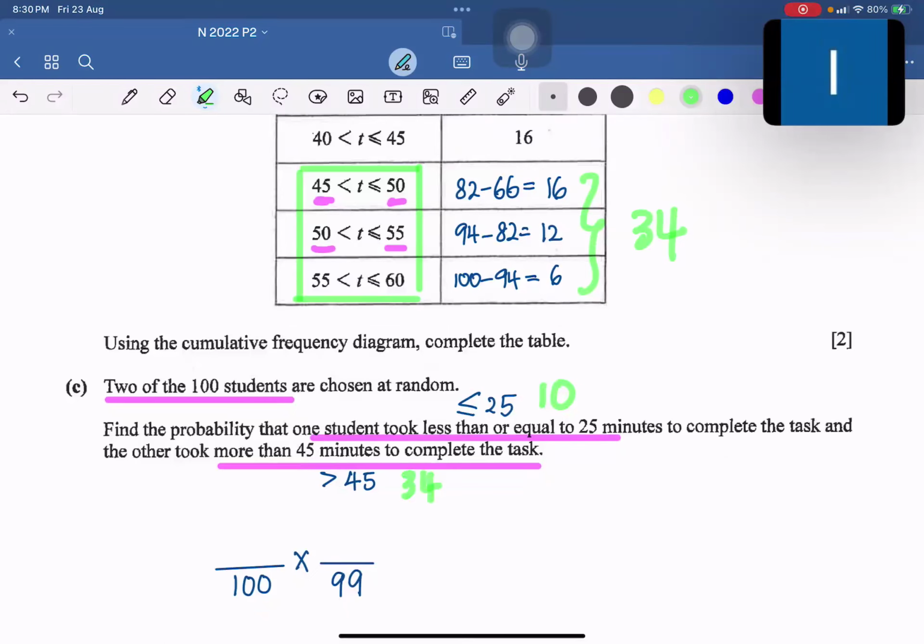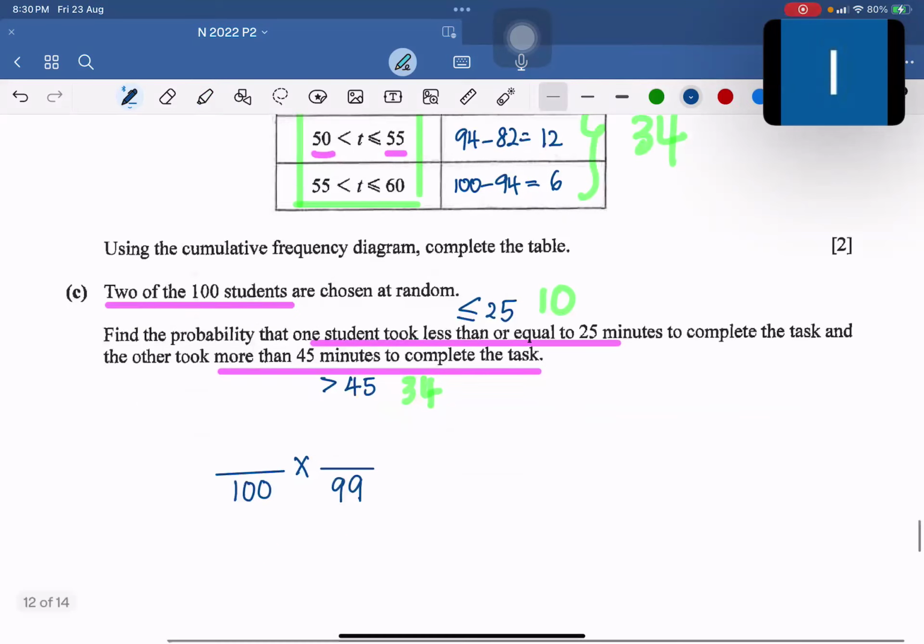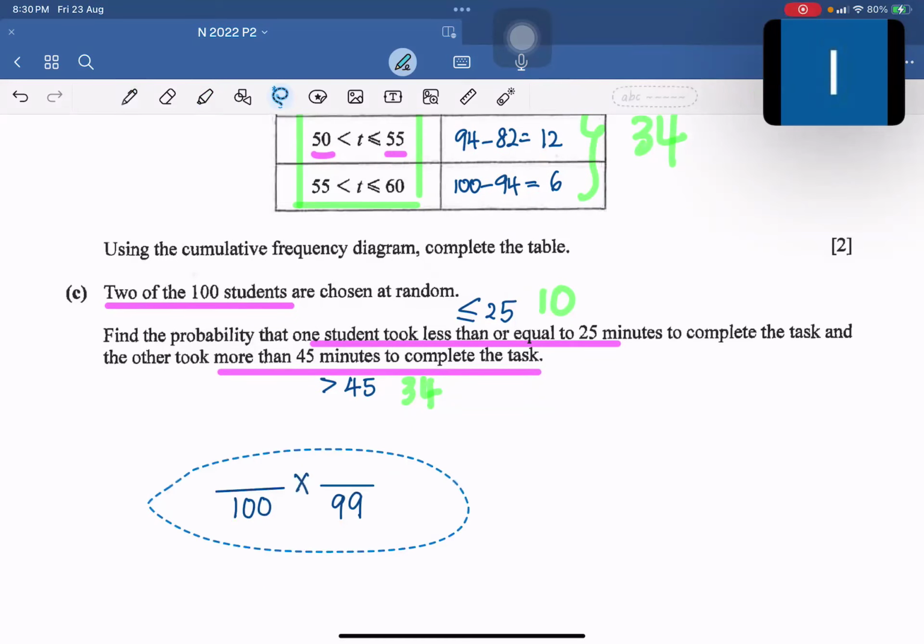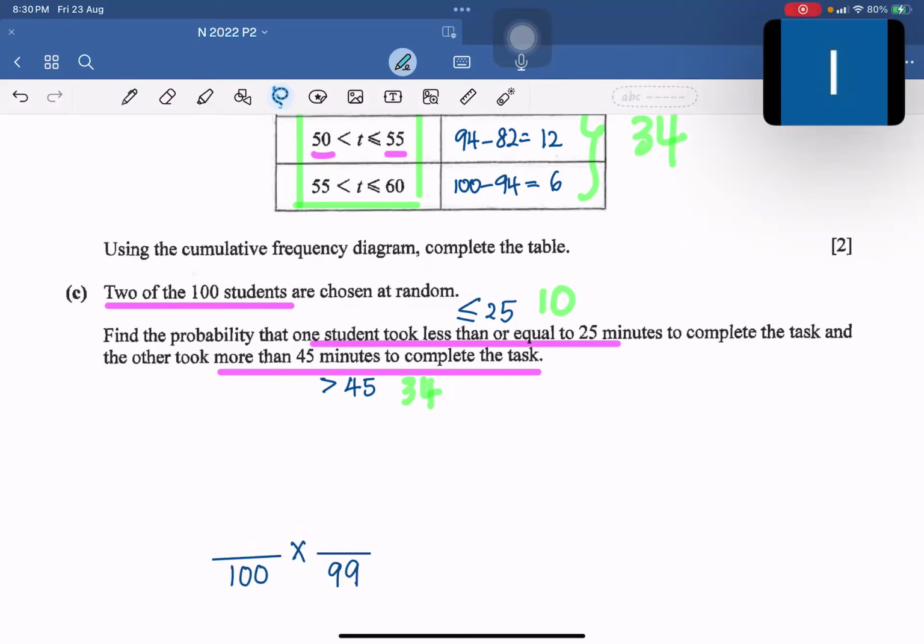But in this case, when you read the statement, did they fix which person comes first? Did they say the less must come first, or the more must come first? They never fixed it, so I can have more than one case. The first case is less than or equal to 25 first, and then the one more than 45.